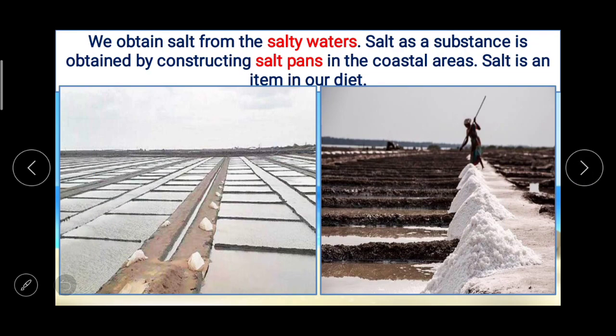We obtain salt from the salty waters, and salt as a substance is obtained by constructing salt pans like this in the coastal areas. Salt is an item in our diet, which is very important. Without salt we just can't imagine eating something. बिना नमक के हम कुछ खाने की चीज़ को imagine भी नहीं कर सकते. So salt, which is a very important item in our diet, we get from the ocean.